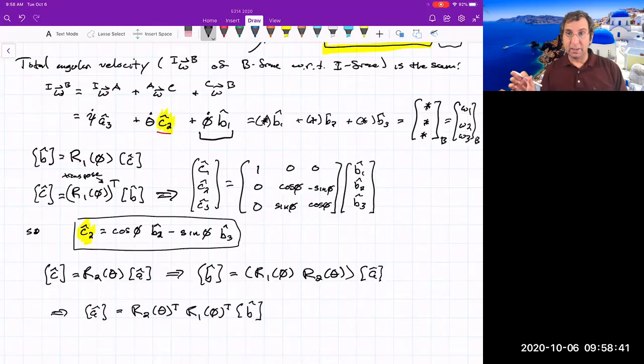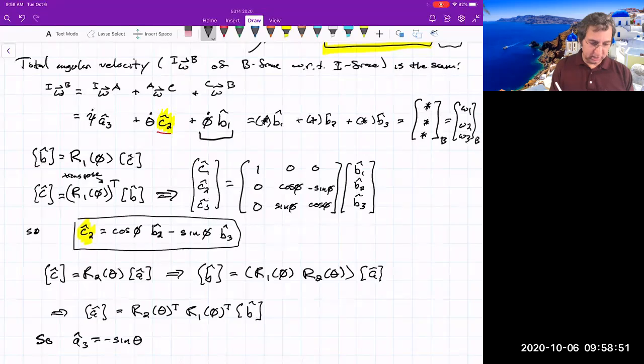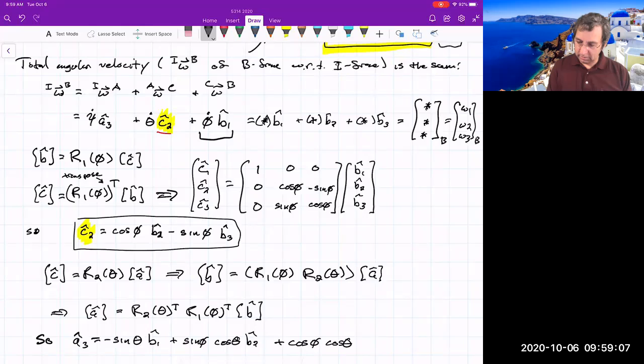And if I solve for the A3 component, what do I get? A3 equals, it's a longer expression, negative sine theta B1 plus sine phi cosine theta B2 plus cosine phi cosine theta B3.